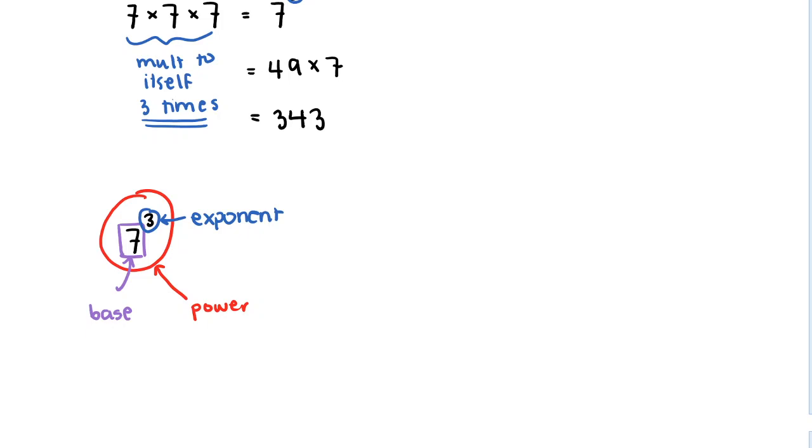And so some language about this, if you wanted to say this is 7 and this exponent of 3, you wanted to communicate this to someone else, you might call this 7 to the power 3.